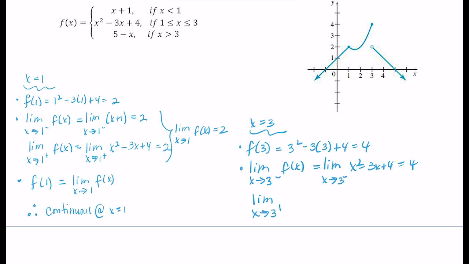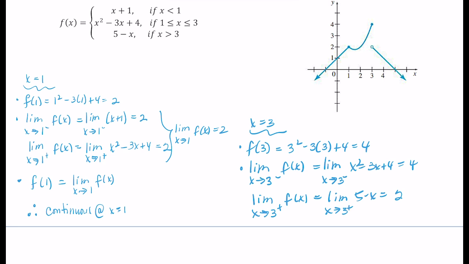Okay, and then the limit as x approaches 3 from the right. So if I'm approaching 3 from the right, I'm going to be using the 5 minus x. This 5 minus 3 gives me 2.